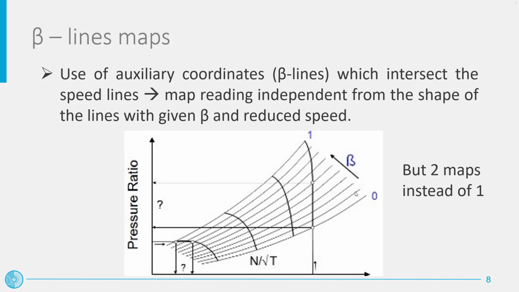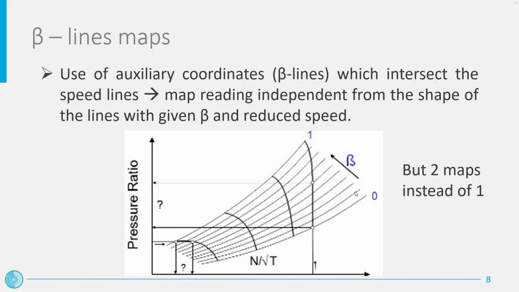Each beta line is identified by a specific value of beta. As you can notice from the figure in the slide, the beta lines have a monotonic trend. Thus, for a given compression ratio, they identify univocally the corresponding flow coefficient value.